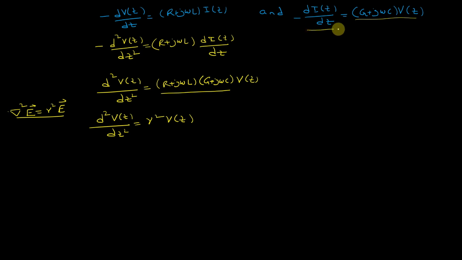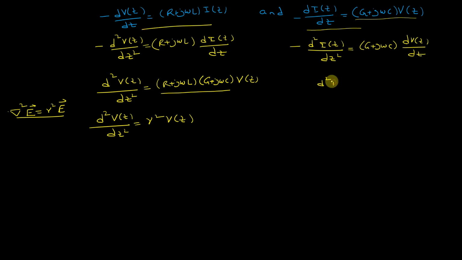Similarly, if you differentiate the other equation once again, put in the value from the first equation, and you will get d square I(z) upon dz square equal to gamma square I(z). This is equivalent to del square H is equal to gamma square H, and its solution will give you the value of I(z).